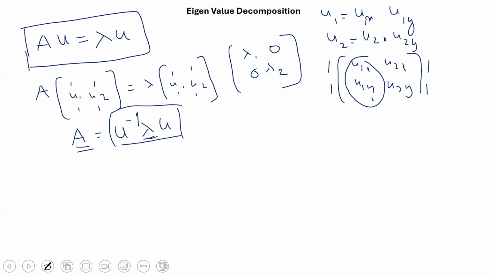So till this point you are clear, right? Just multiplying u on both sides, and u inverse lambda u is the representation for A. Now let's understand why this decomposition is important. It decreases the computational cost, and I'll let you know how it actually decreases the computational efficiency.